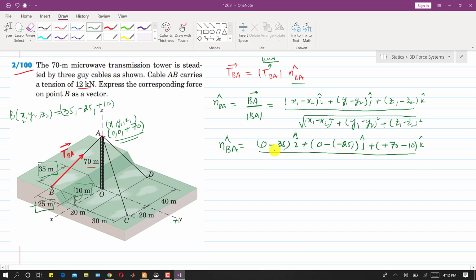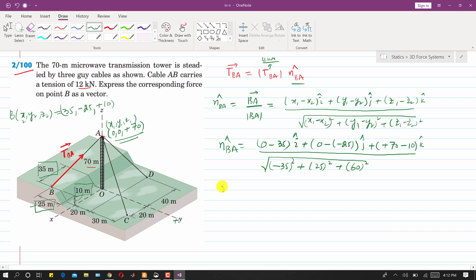And the magnitude will be equal to minus 35 whole square plus 25 whole square, and plus 70 minus 10, so it will be equal to 60 whole square. So this will give us the magnitude, right?